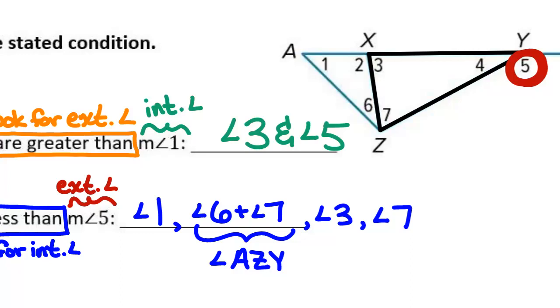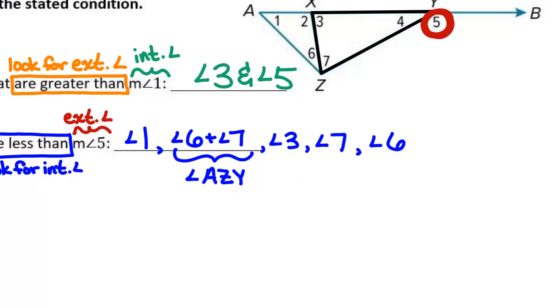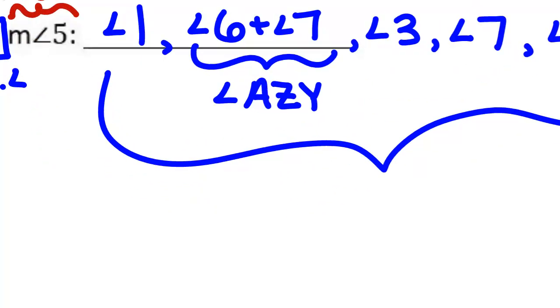Angle 5 would also have to be bigger than what? It's bigger than 7. It's bigger than when I put 6 and 7 together. So it has to be bigger than 6 by itself also. Any two of these 5 answers would have been a full and complete correct answer.